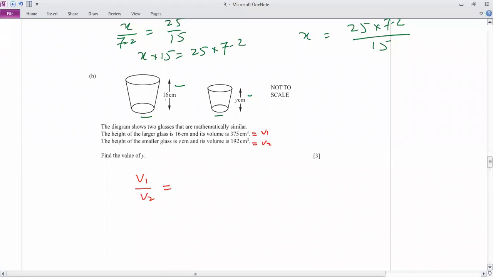Now what are the corresponding sides? For V1 the corresponding side is 16 over y cube. Last time's lesson. Now put the values. V1 is 375 over V2 is 192 equals 16 over y cube.